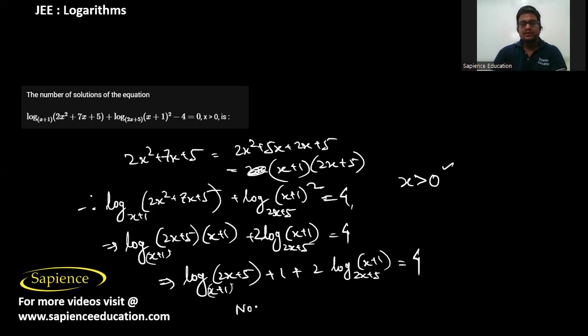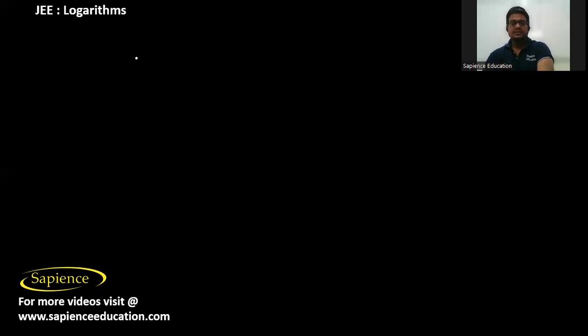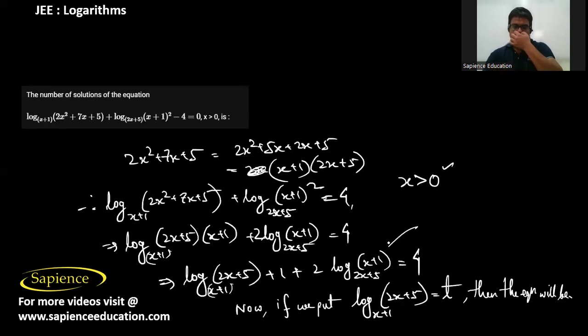So now if we put log of 2x plus 5 base x plus 1 as, let's say, t, then the equation will change to t plus, now this one also I can write as 1 by log of 2x plus 5 base x plus 1.